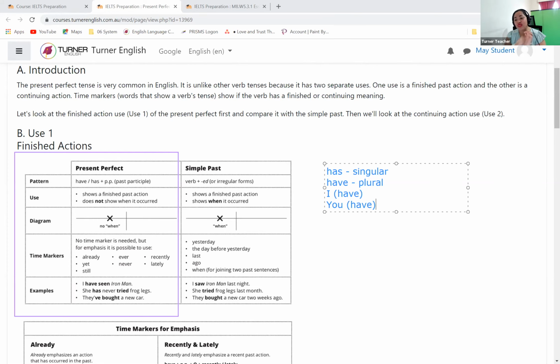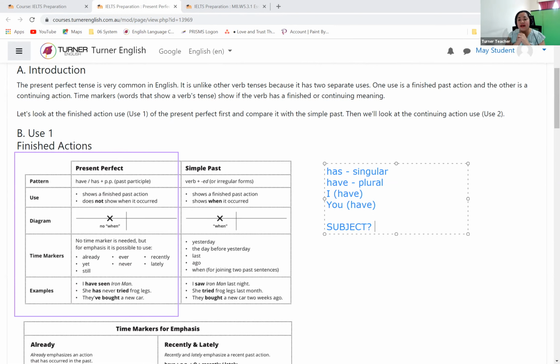Do you understand the word subject, or do you want me to explain what it means? Is everybody clear with the word subject? Yeah. So subject is what we are talking about in the sentence.